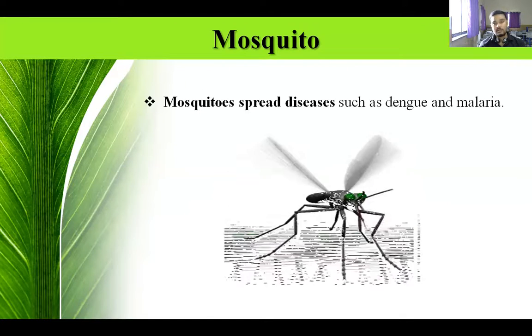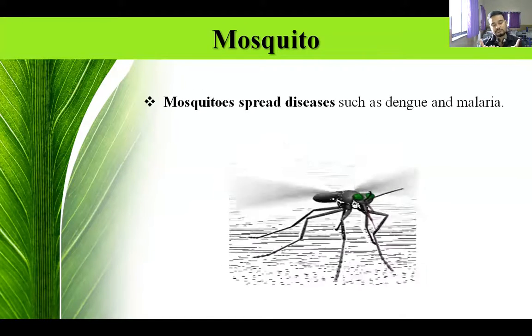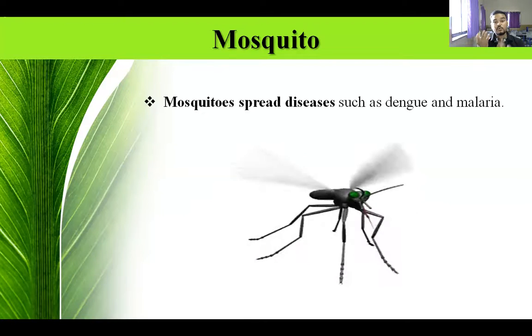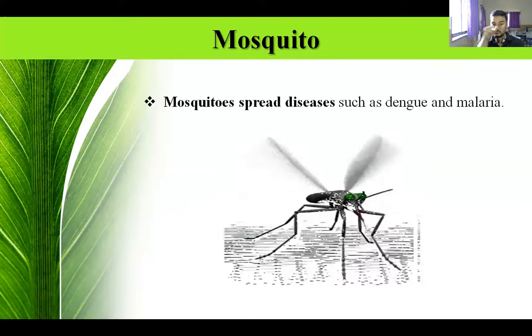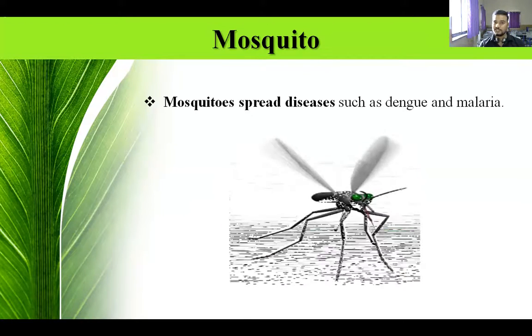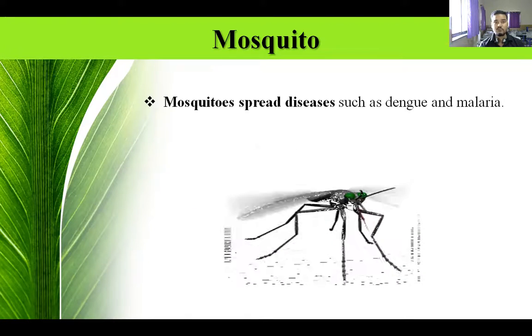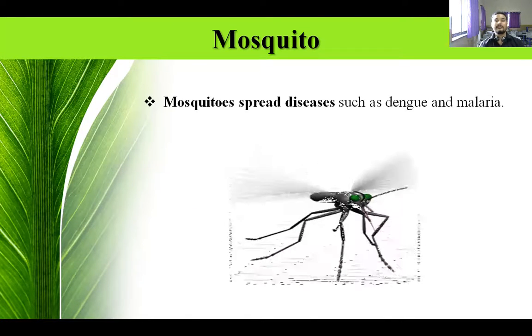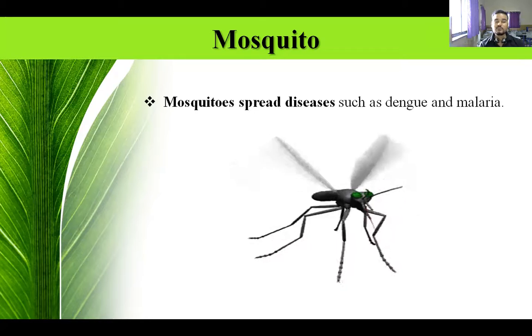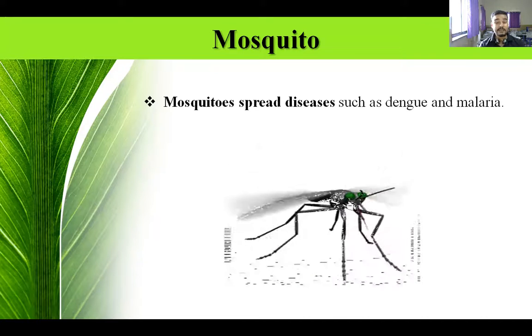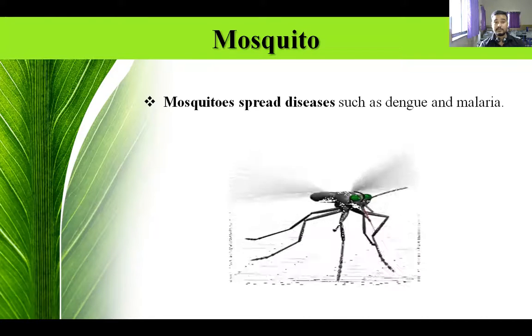Mosquitoes also have that same kind of structure: 6 legs, wings, antennas, proboscis. But if that proboscis touches us, we might have dengue or malaria. Understood? So mosquitoes spread diseases like dengue and malaria.